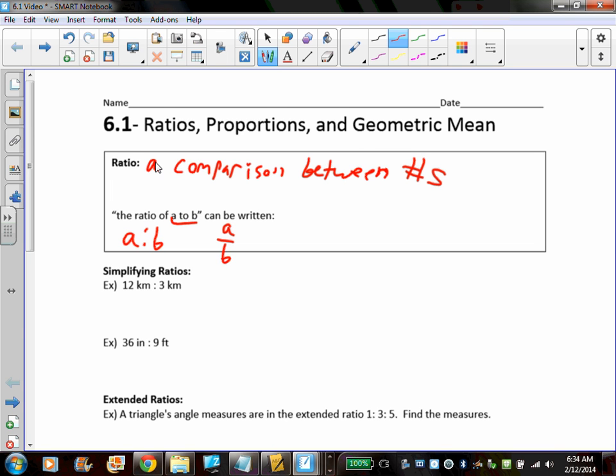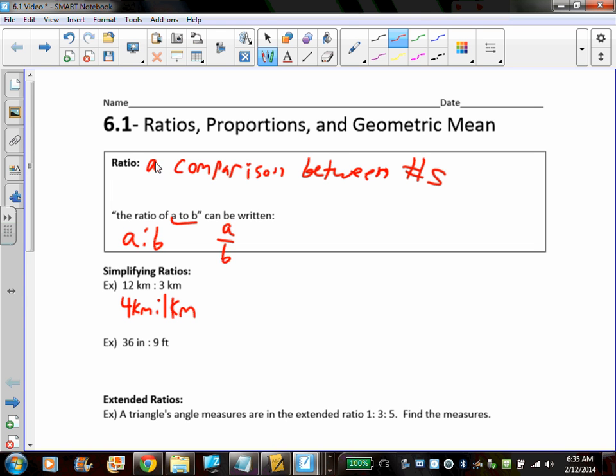Simplifying ratios, well, there are a few different approaches to take to this. When it comes to something like this first example, 12 kilometers to 3 kilometers, one pretty easy way to simplify this one would be to just divide both of those numbers by 3. And if we do that, 12 divided by 3 is 4 kilometers to every 1 kilometer.